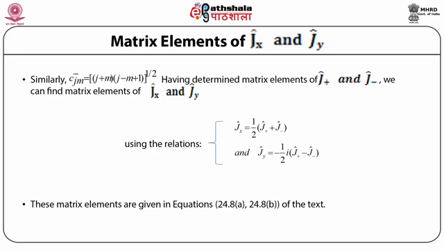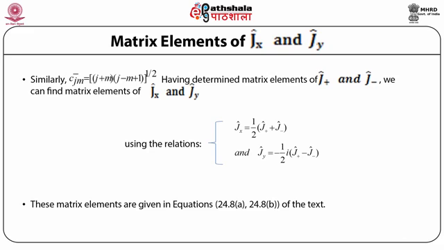And similarly, we can also find out the value of the constant C minus Jm, and this turns out to be equal to, within brackets, J plus m into, within brackets, J minus m plus 1, whole to the power half. So in this manner, we are able to determine the values of both these constants C plus Jm and C minus Jm.